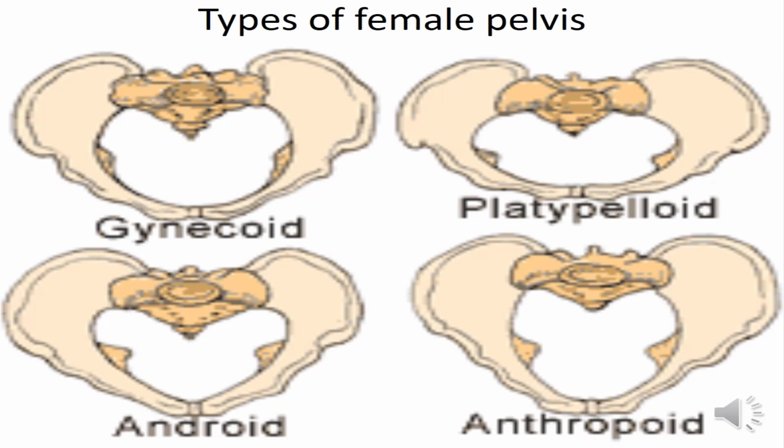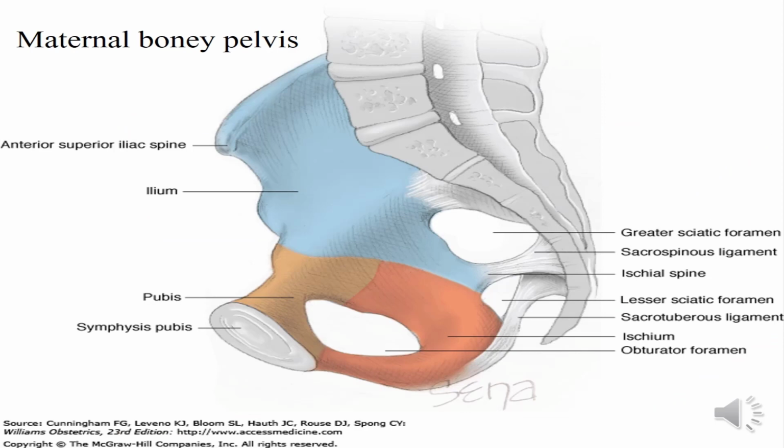This is the bone, ilium, anterior superior iliac spine, symphysis pubis, ischial spine, which is a very important landmark.